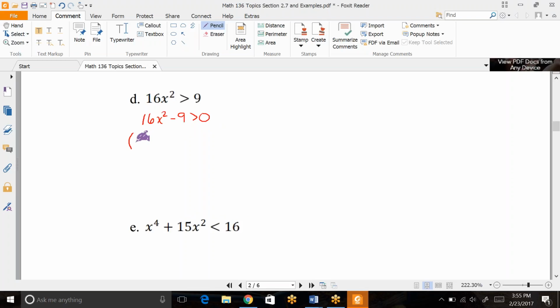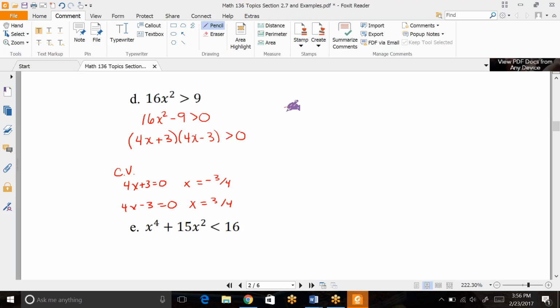So this would be (4x plus 3)(4x minus 3) greater than 0. Our critical values would be 4x plus 3 equals 0 and 4x minus 3 equals 0, which gives me x's of negative 3/4 and positive 3/4.